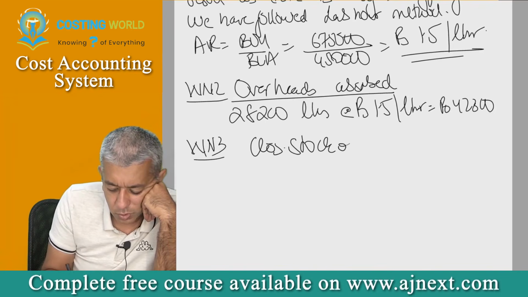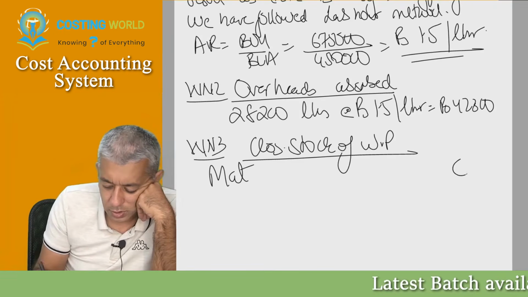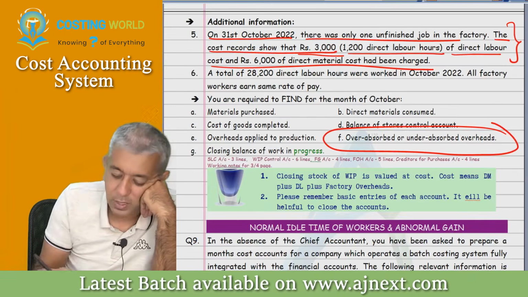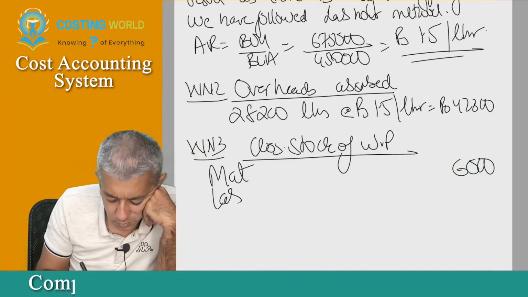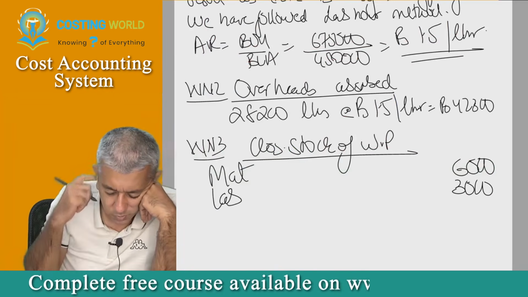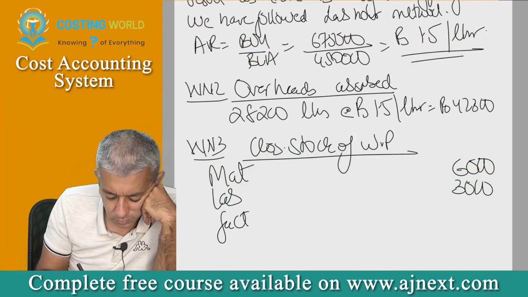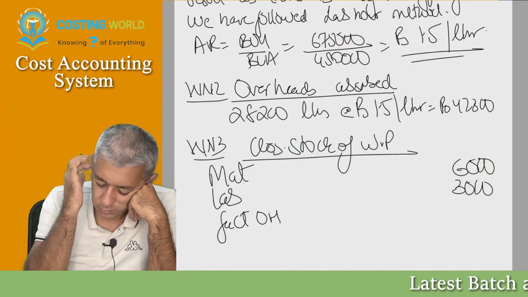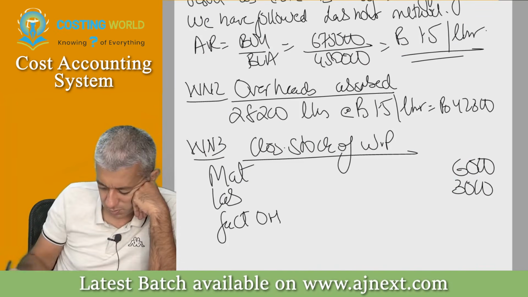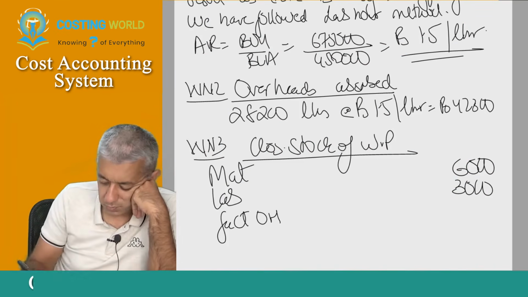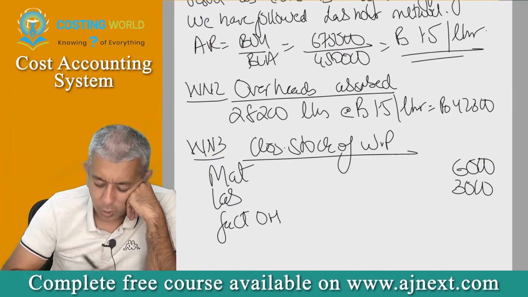Closing stock of WIP. It will get valued at cost. In cost, they have given us material cost is 6,000. Labor cost is 3,000. Factory overheads. Now, tell me factory overheads will be what into what, beta?